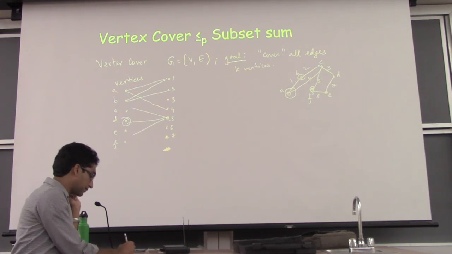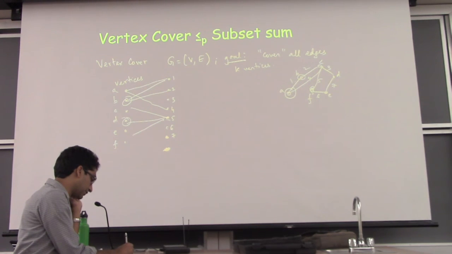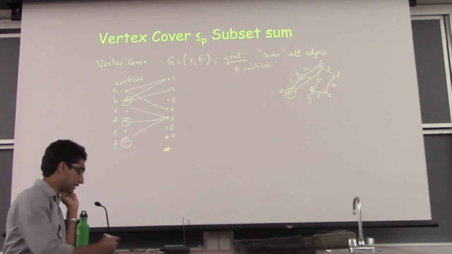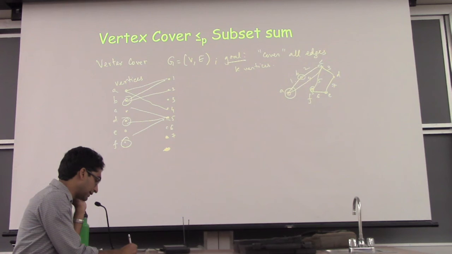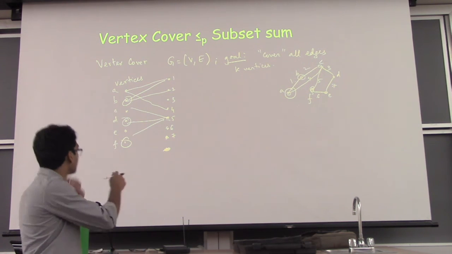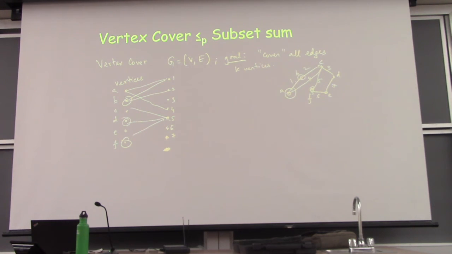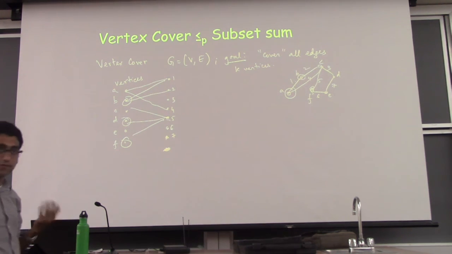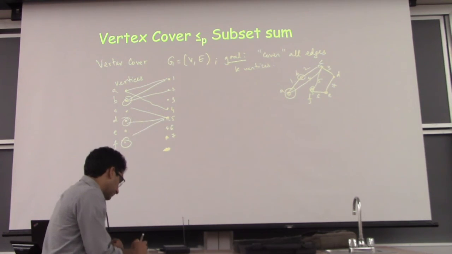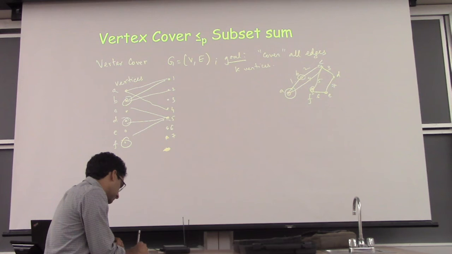So you want to pick K vertices on the left, okay, such that for everything on the right, you have at least one of its neighbors picked. Okay, so this is an easy way to write vertex cover.